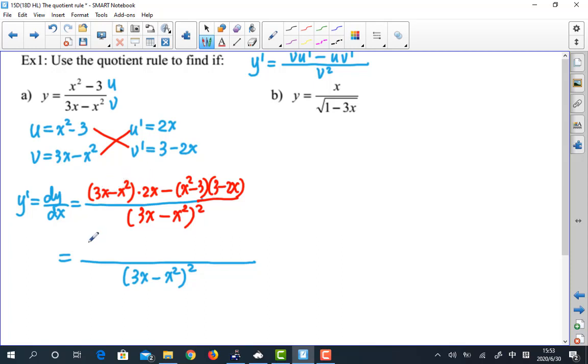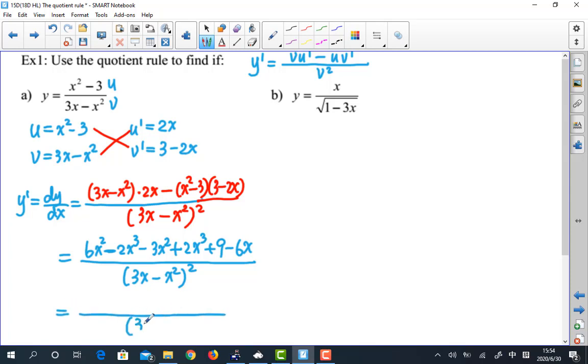Distribute 2x into the brackets. So it should be 6x squared minus 2x cubed. Then expand this one. So x squared times 3 minus 3x squared. Negative 2x cubed was this negative plus 2x cubed. Negative 9 was this negative in front plus 9. Plus 6x was this negative sign minus 6x.